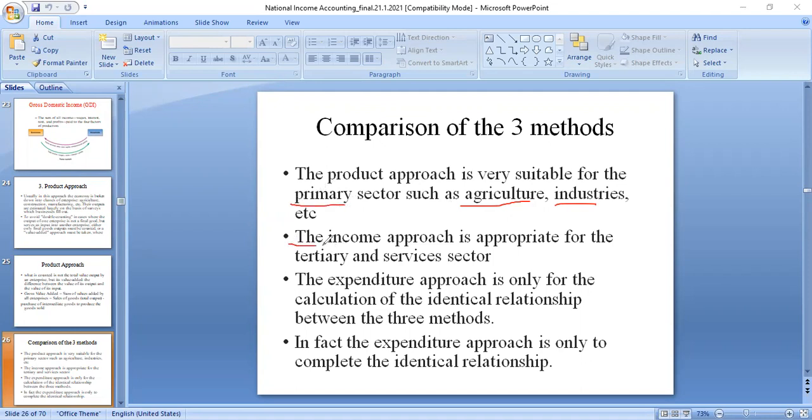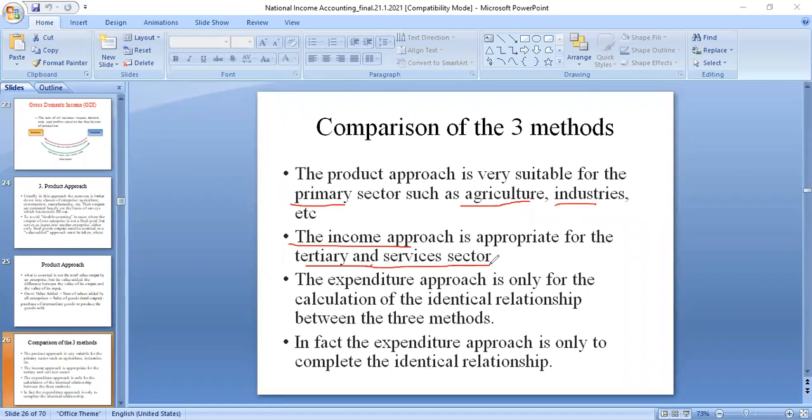And then we have the income approach. The income approach basically is for the services. Tertiary is the same as service sector, for the services sector, right? The services sector, where we are looking at, for example, rental income. They're providing rental services.